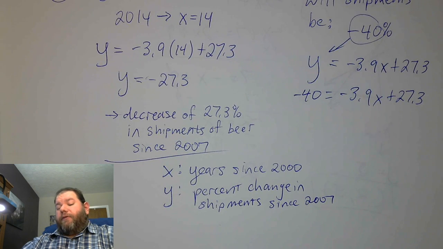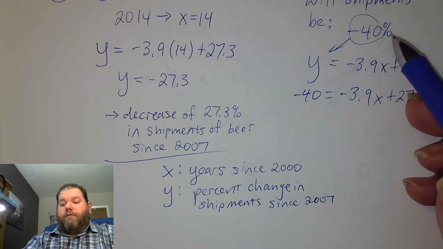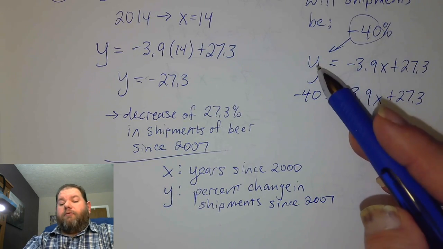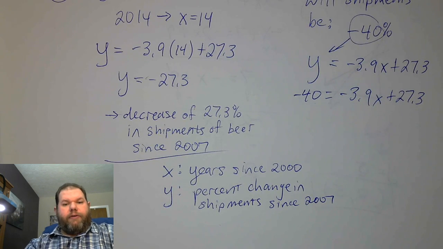So knowing that y has the percent implied already, when they say it decreases by 40%, that means we'll plug in negative 40 for y. The percent is already assumed in this problem.